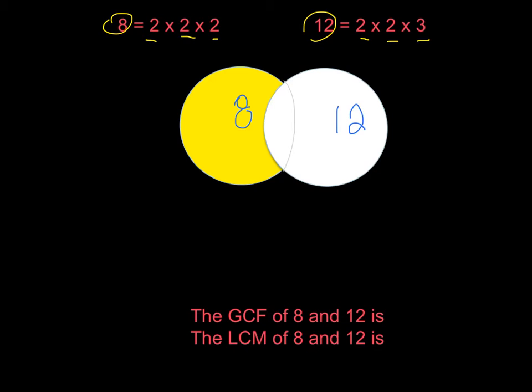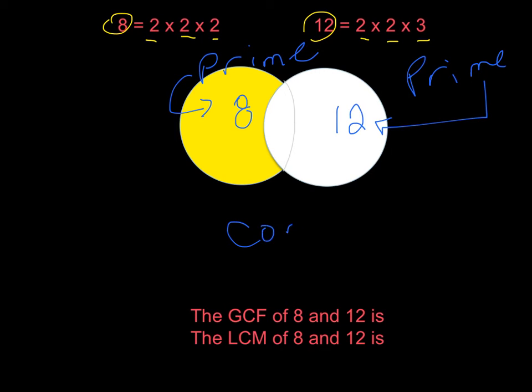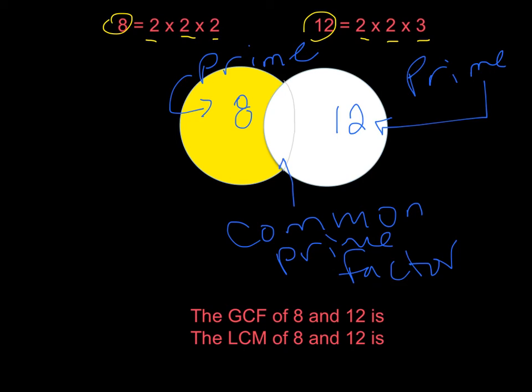Okay, we're going to put in the prime numbers for 8 right here, and we're going to put the prime numbers for number 12 here, and anytime there's a common number, or a common prime factor, I guess I should say, goes here.